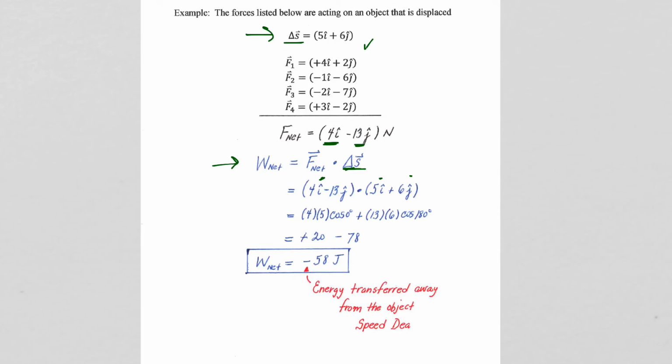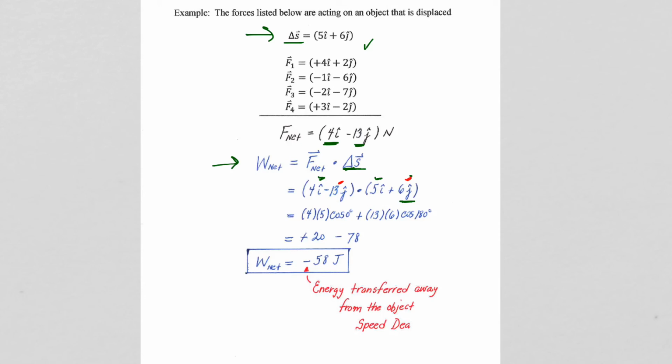But anytime we dot a vector with a vector that is at 90 degrees to it, cosine of 90 degrees is 0. So we lose the terms that would have x, y. So the only thing we're left with is x, x, and y, y.